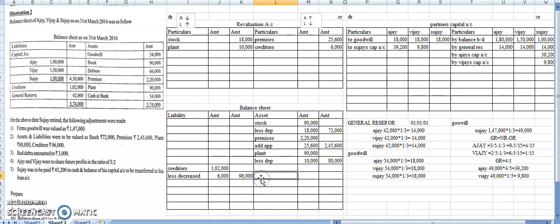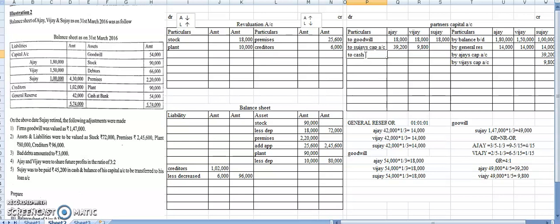Now, after solving this adjustment, the last adjustment, that is Sujoy was to be paid rupees 45,200 in cash. Now, Sujoy needs to be paid 45,200 in cash. So, we need to write here to cash.